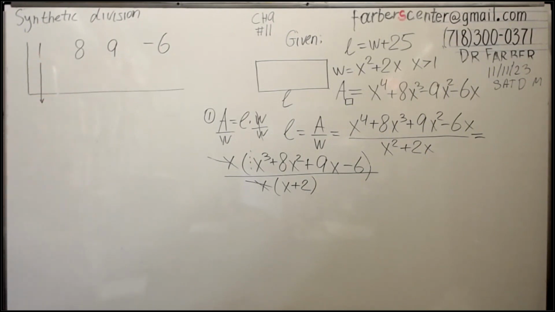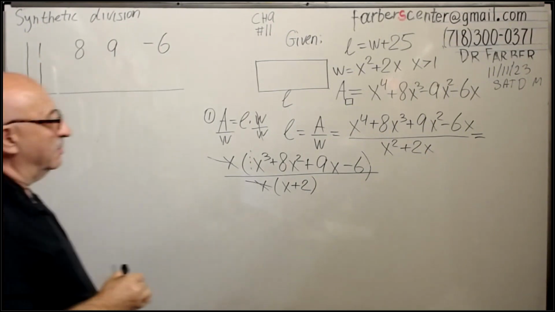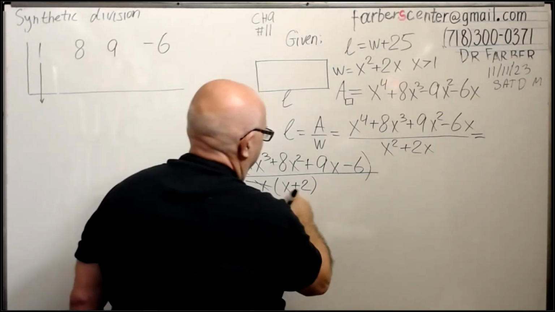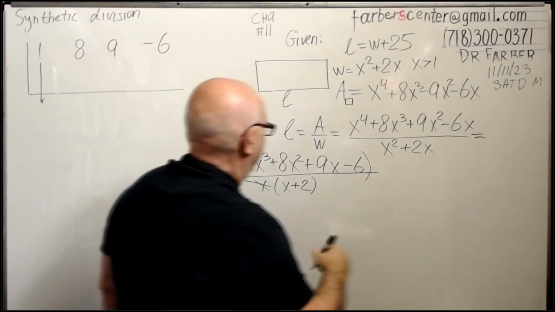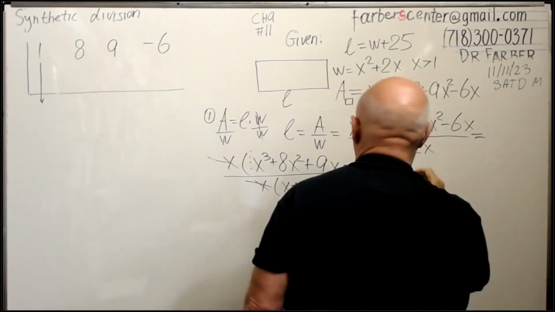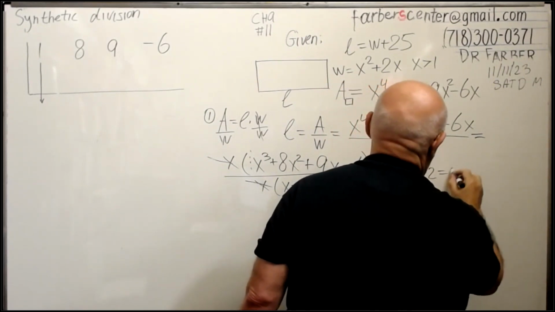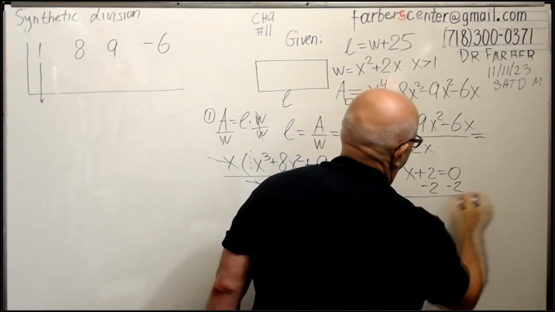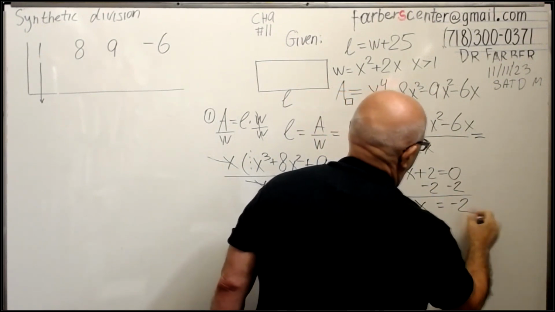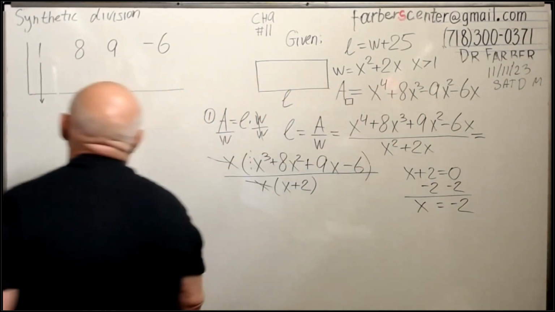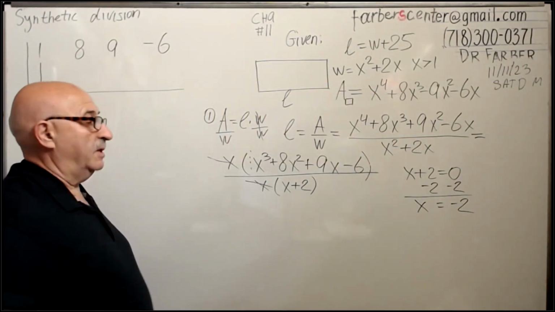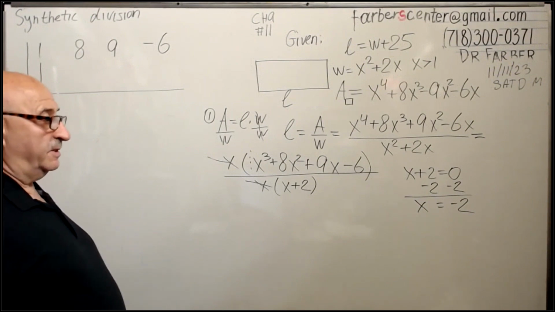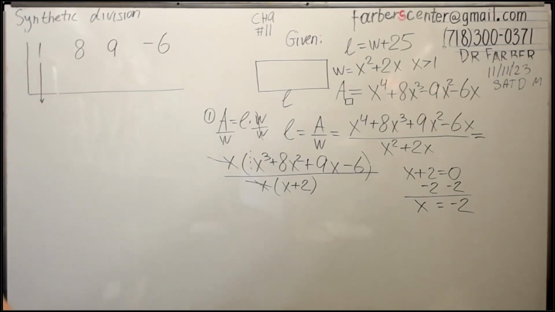First, set the factor: when x plus 2 equals 0, x equals -2. It's like the Vieta theorem; you did exactly the same when you wrote Vieta. And you put here -2.